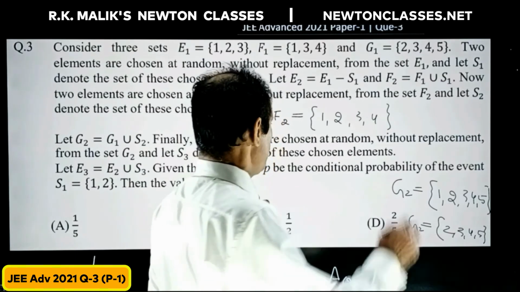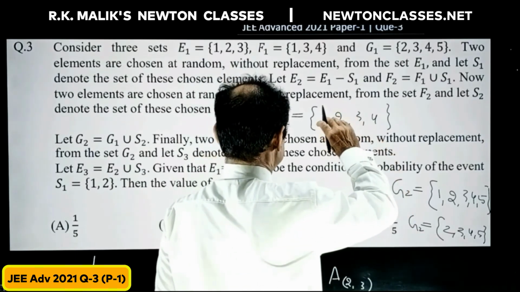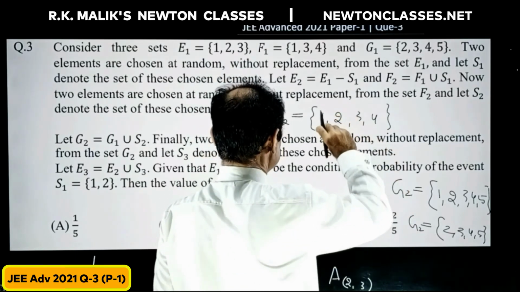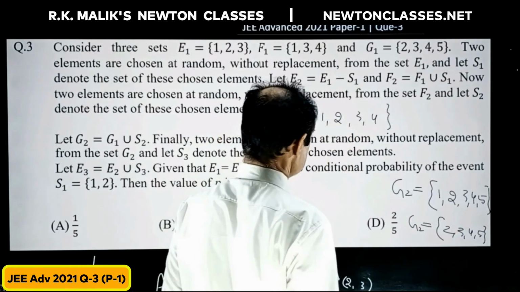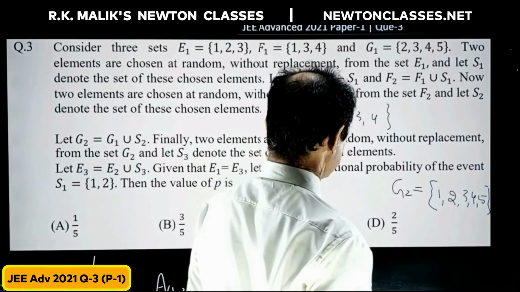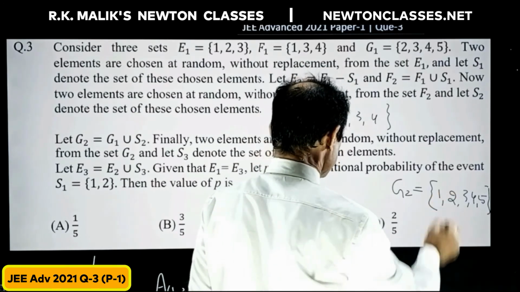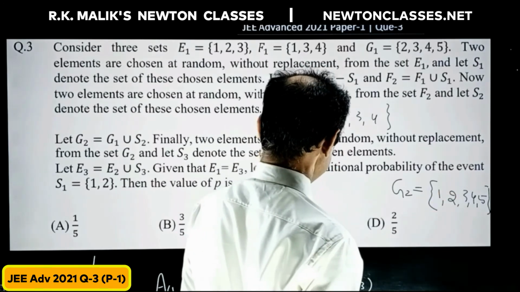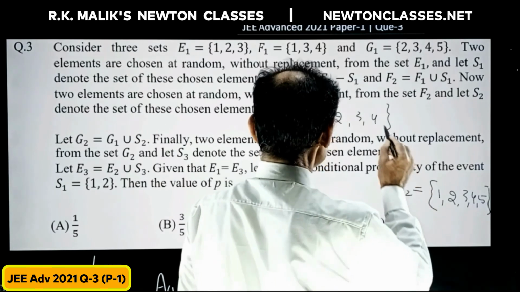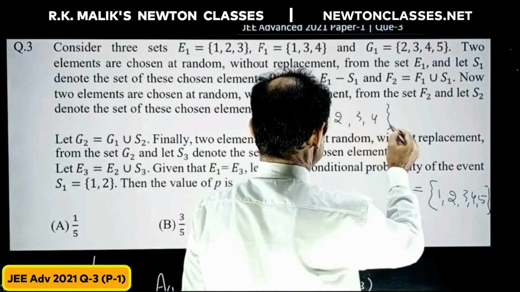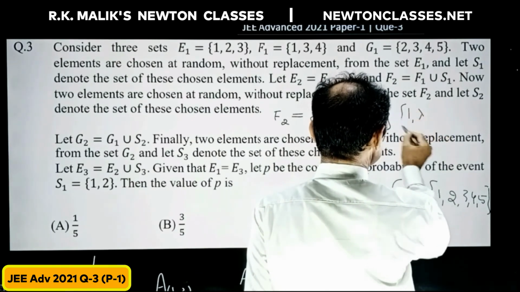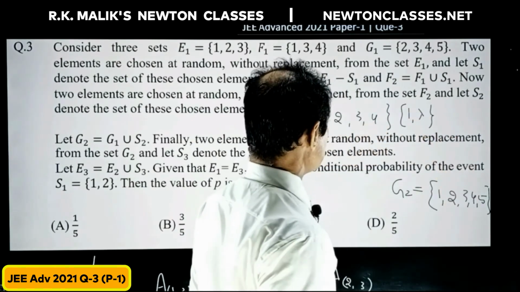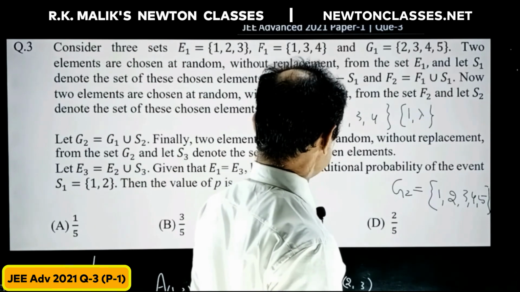First case, when the chosen pair from F2 has one of the elements as 1. In that case, as I have told, G2 will become this, because in this case, the chosen pair is of the form 1 lambda, where lambda is either 2 or 3 or 4.